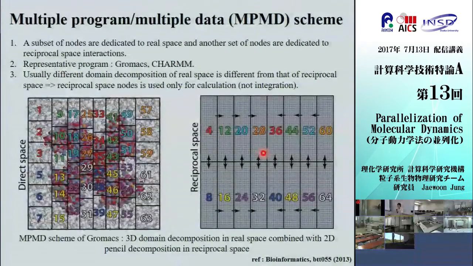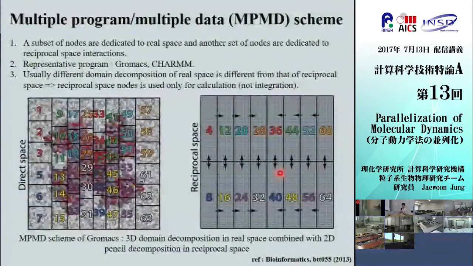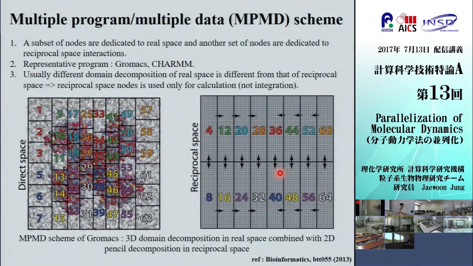So usually we don't need to calculate the FFT every step, but it's sufficient to calculate the FFT every other step. But with this kind of assignment, multiple time-step integration is not available. And that's why GROMACS does not introduce multiple time-step integration like NAMD.